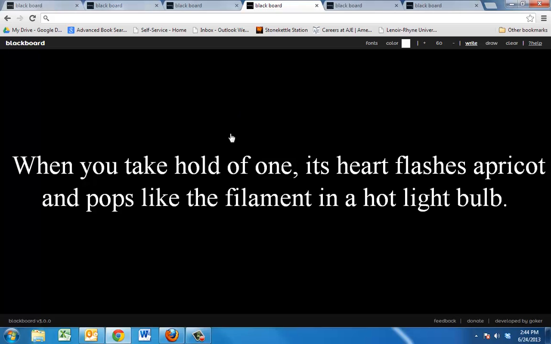So then what do we do with something like this? "When you take hold of one, its heart flashes apricot and pops like the filament in a hot light bulb." I usually start by identifying the verbs. So one verb in this sentence is take hold.